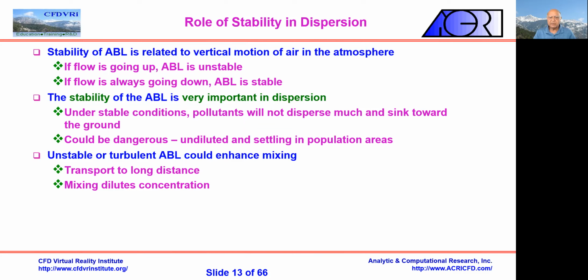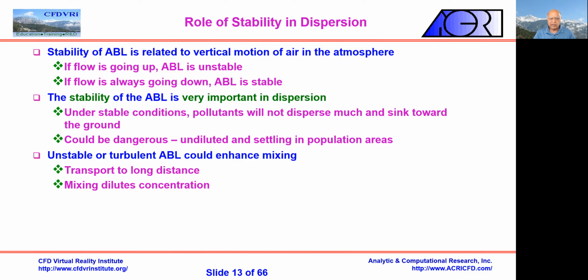When the flow is going up, it becomes unstable, eddies form and all those things form. And stability is very important when you think of dispersion, okay? Dispersion is affected by stability. Under stable conditions, pollutants will not disperse much and they'll sink towards the ground eventually, okay? So it could be dangerous, of course, because it's undiluted and they settle in population areas.